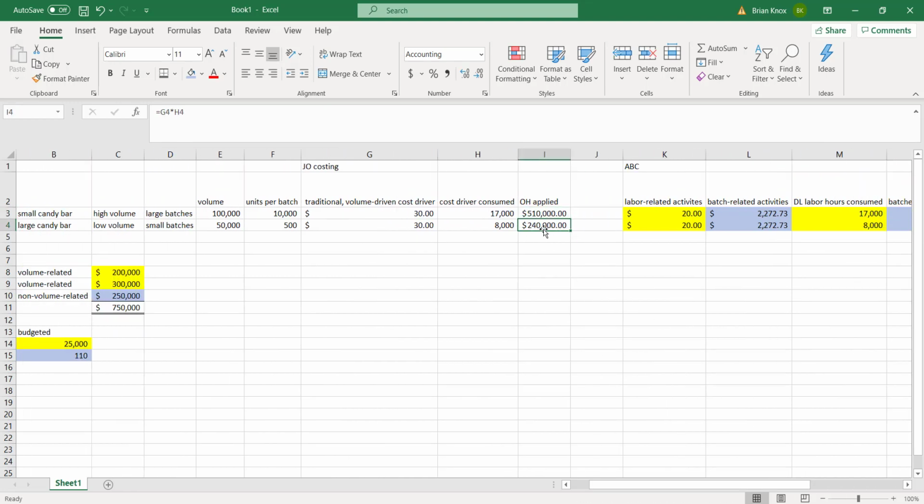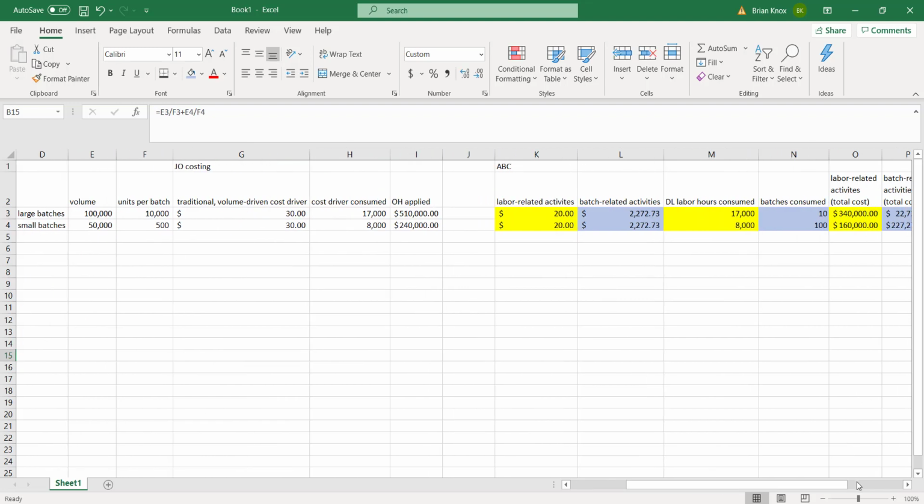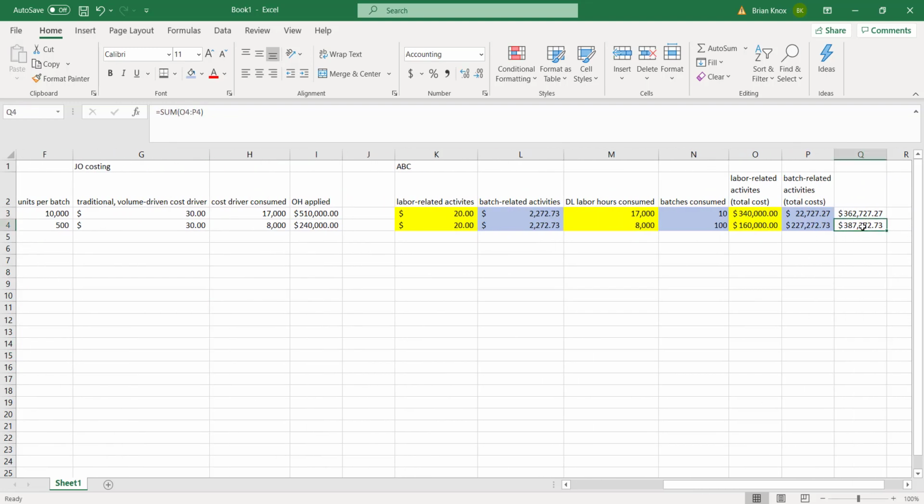Those large candy bars looked great. However, they have so few units per batch that we are incurring massive maintenance costs the more large candy bars that we produce, more of this product B that we produce. And when we account for that relationship with a second driver, we now recognize, oh man, product B does not look nearly as good as it did before.